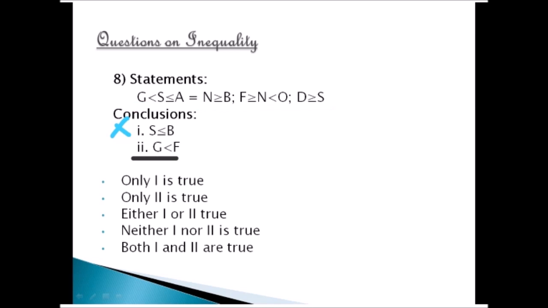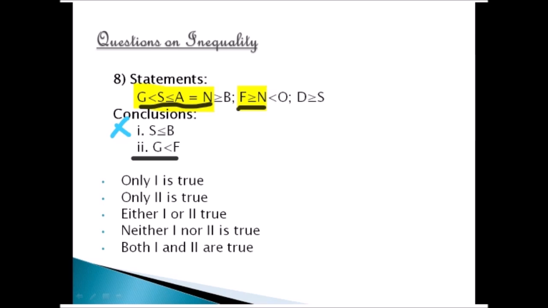Conclusion second is F to G, that is F is the starting point and G is the destination point. So here is my point F. I can move from F to N. Then there are two N, so I can move from any N. So I move from F to N, then N to A to S, and S to G. So my path is like this.